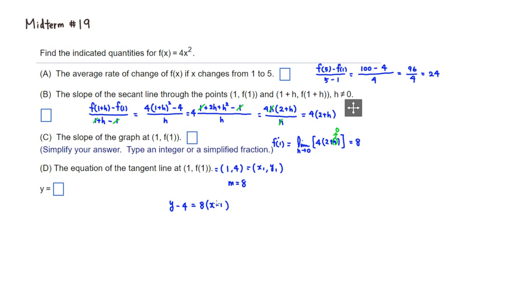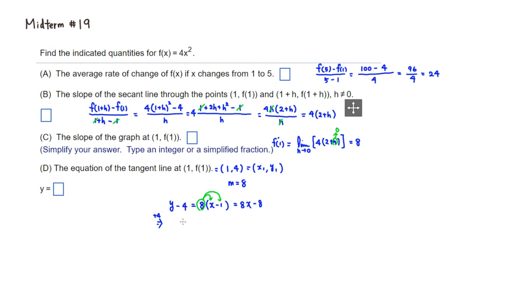Since they're looking for y equals form, I'm going to distribute first. You don't have to do this, but I'll go ahead. Distribute 8 to x and negative 1, and we get 8x minus 8. Then I want to isolate y, so I'm going to add 4.